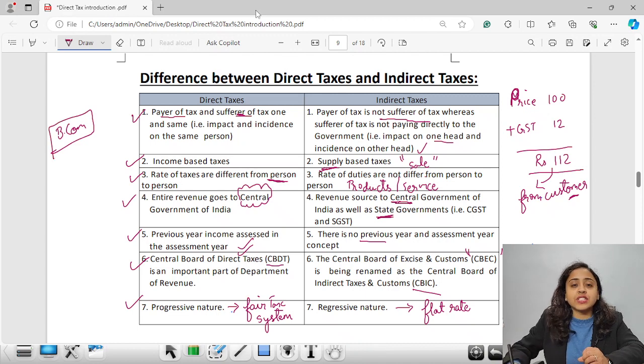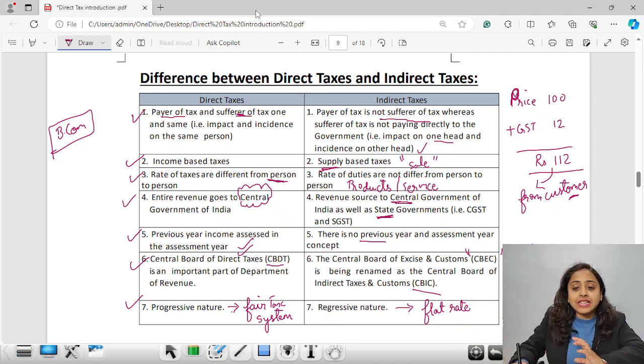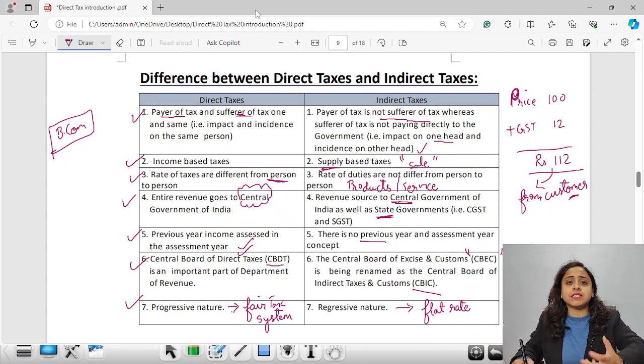You can write these differentiations in tabular format, and then later it requires a little more explanatory answer. You can describe all of these pointers with examples. You can use this tabular format and then explain each pointer with examples. Definitely you will be earning 20 out of 20 because it's a 20-mark question.